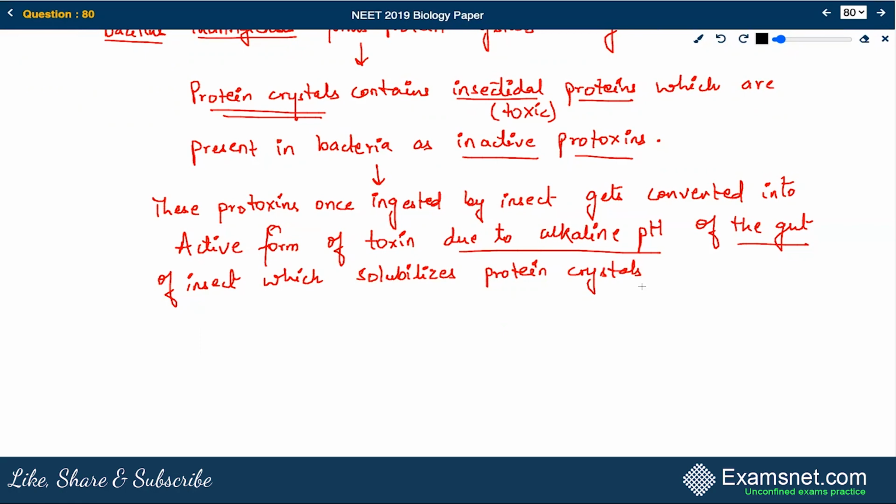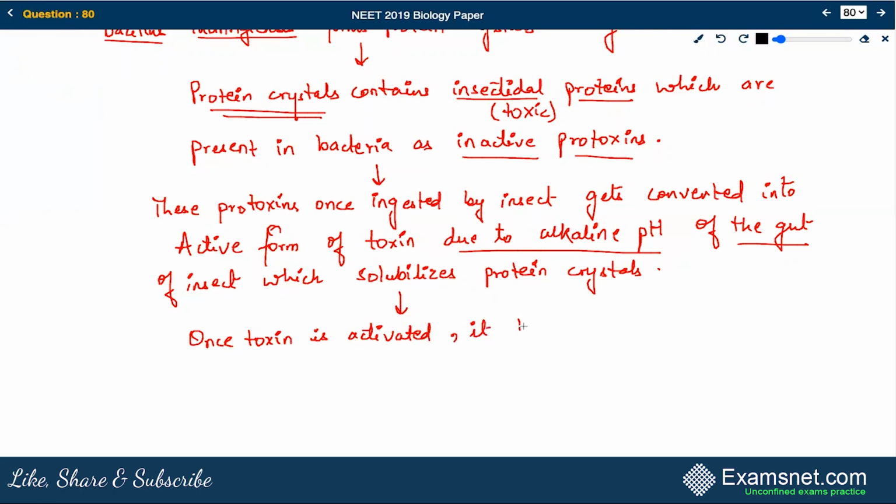Now, once the toxin is activated, it is going to bind to the gut of the insect.